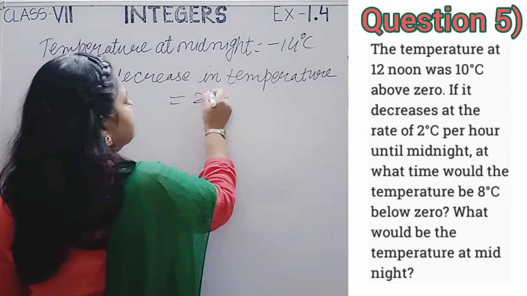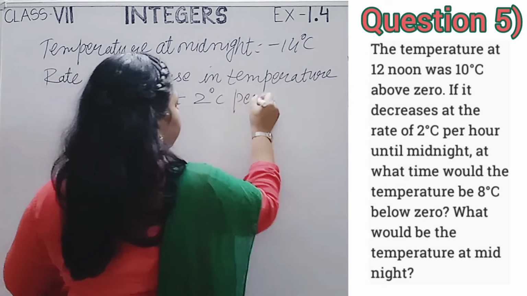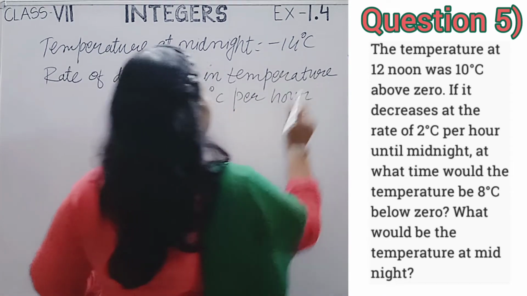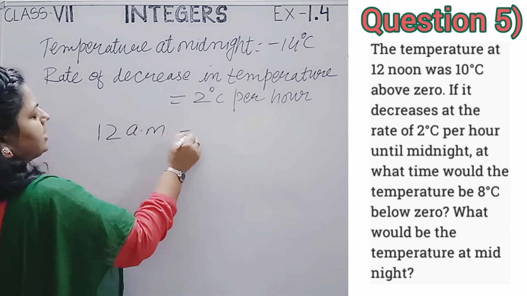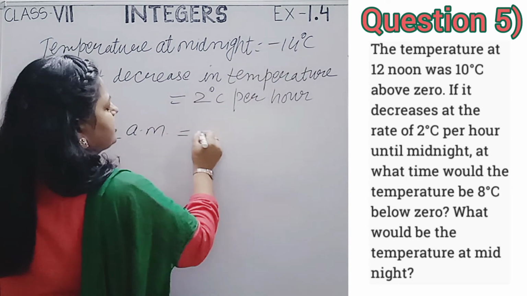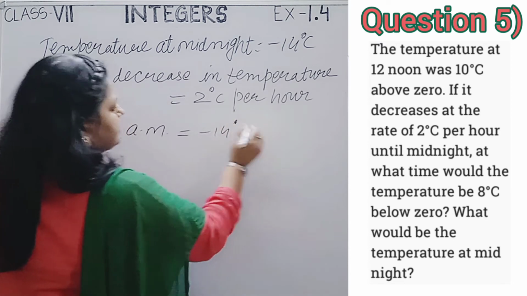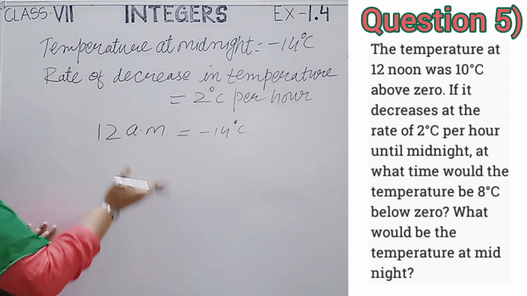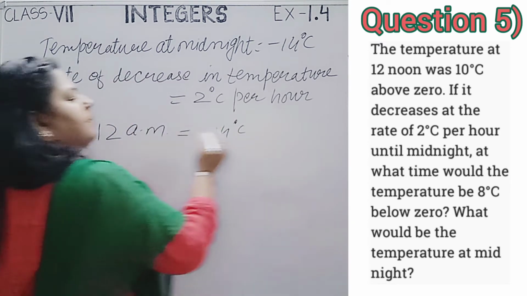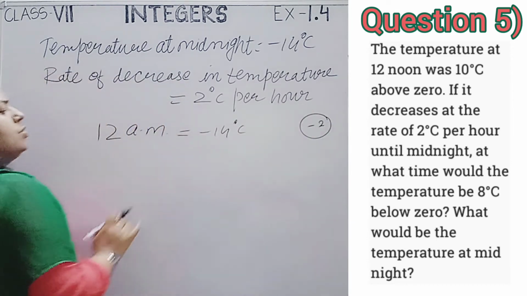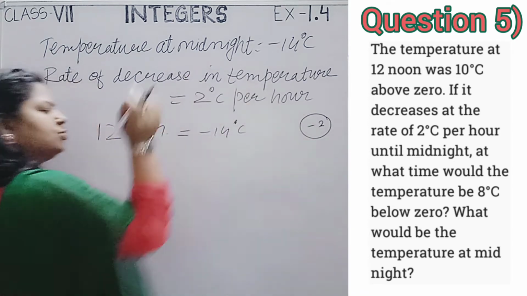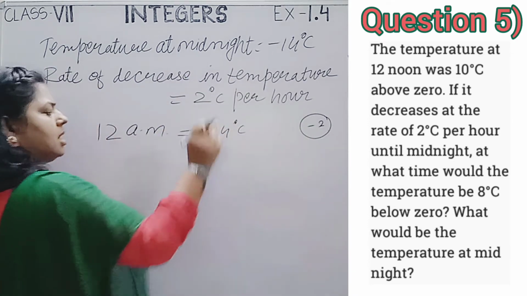So here at 12 AM the temperature is minus 14 degree Celsius, and the rate of decrease in temperature per hour is minus 2 degree, because it decreases. So we have to subtract 2 degrees Celsius in every hour.